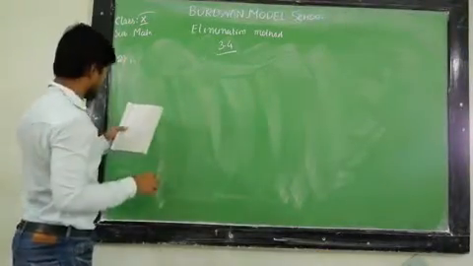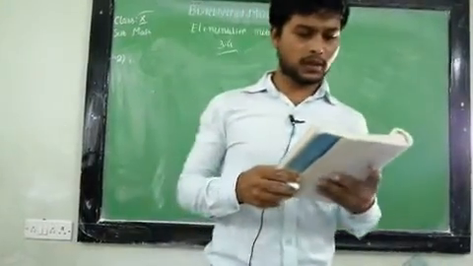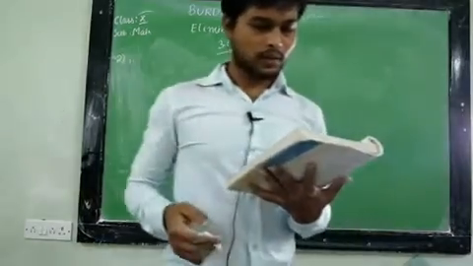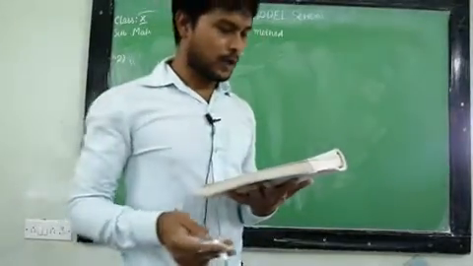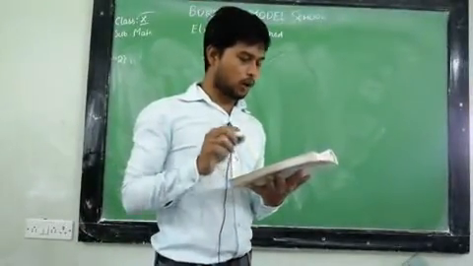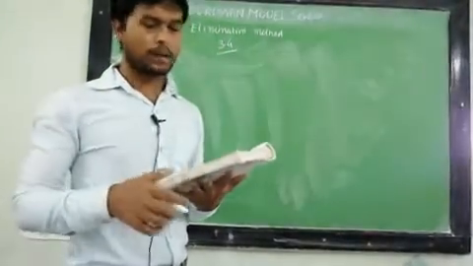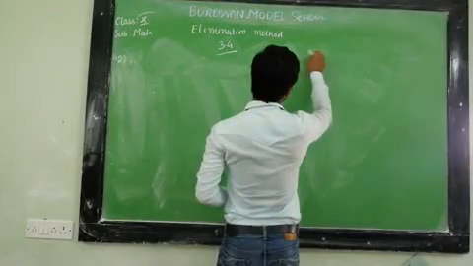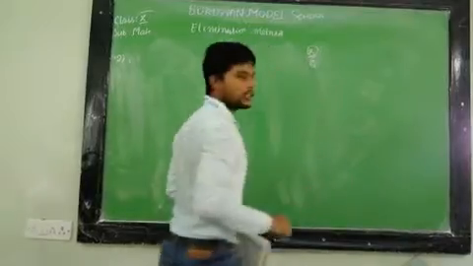Question number 1. If we add 1 to the numerator and subtract 1 from the denominator, the fraction reduces to 1. It becomes half if we only add 1 to the denominator. We have to find the fraction. So we know that the general form of a fraction is x by y, where x is called the numerator and y is called the denominator.